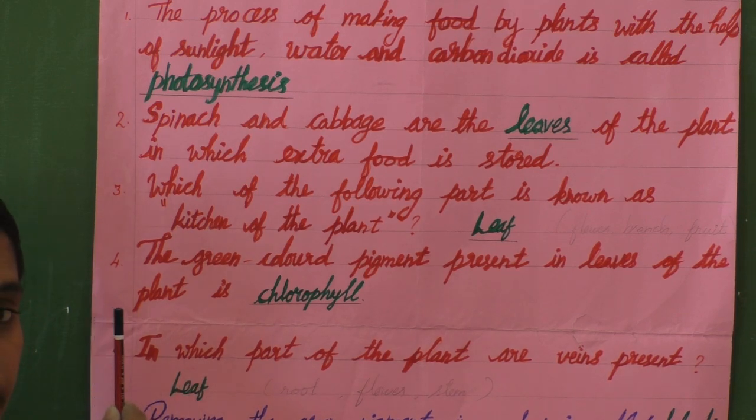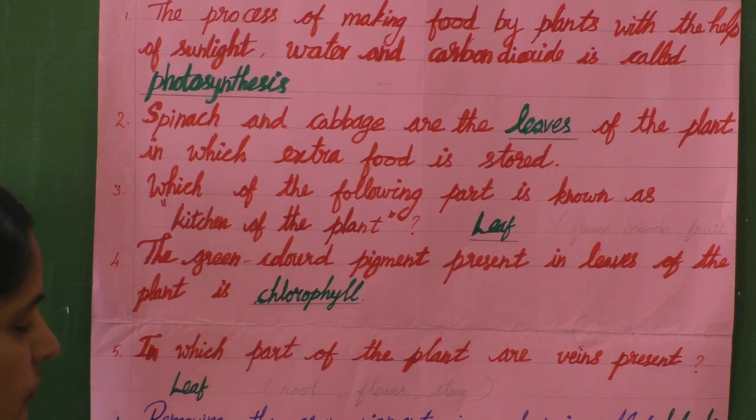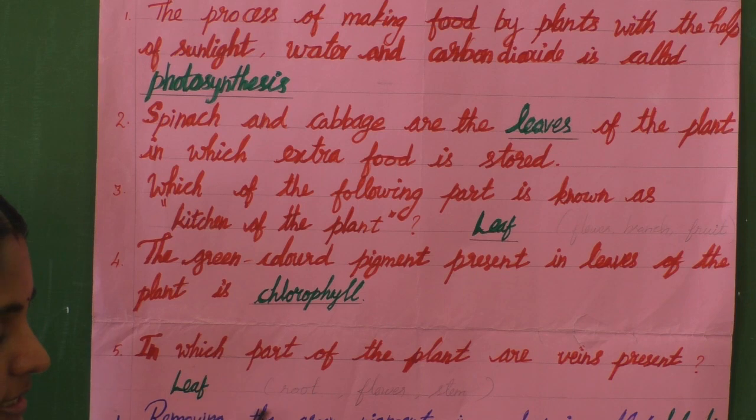So the leaf is preparing the food, and through the veins the food travels. Vein, leaf, L-E-A-F, leaf, answer. Fifth one answer: in which part of the plant are veins present? Leaf.